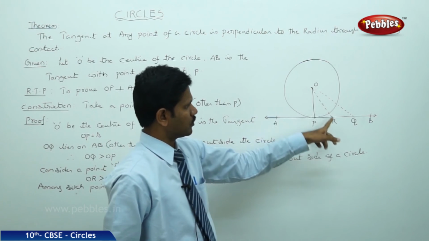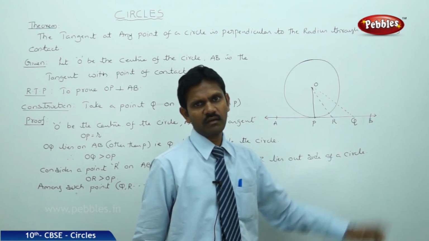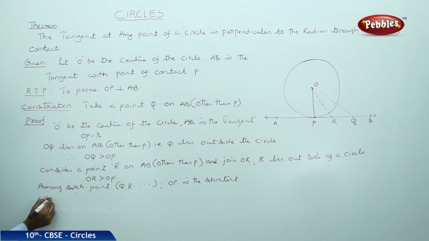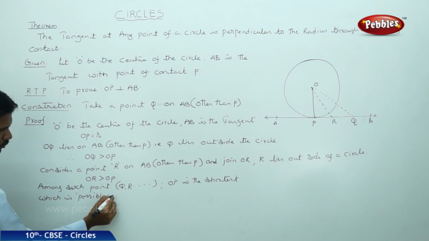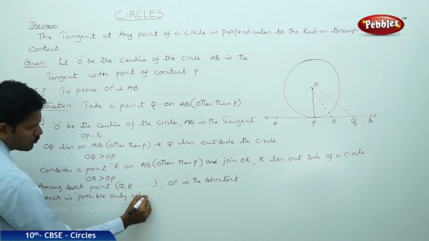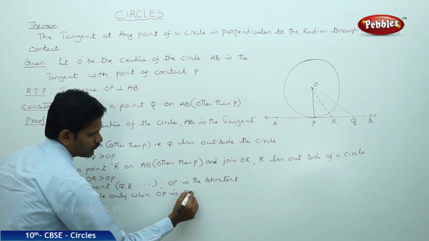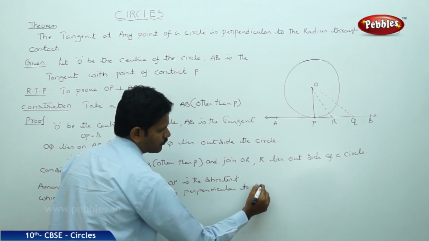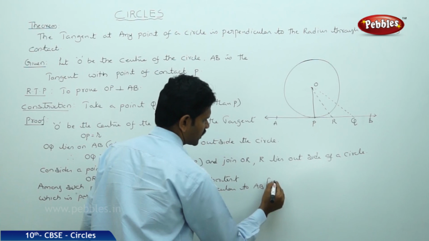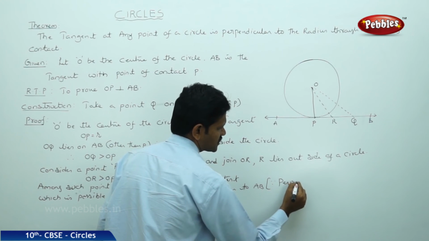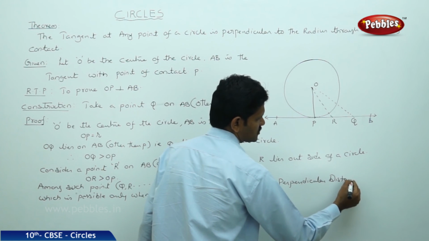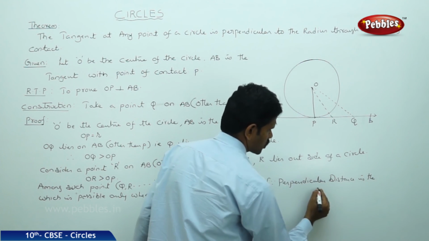This is possible only when OP is perpendicular to AB, because perpendicular distance is the shortest distance.